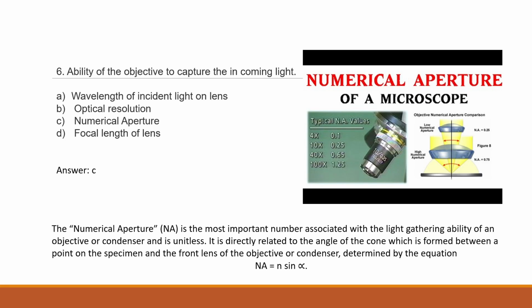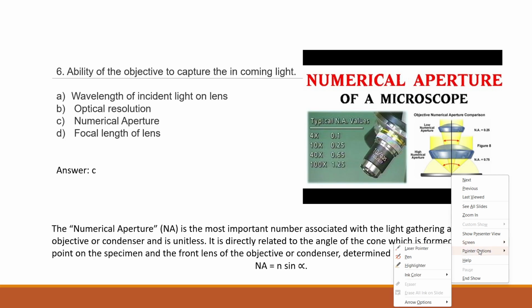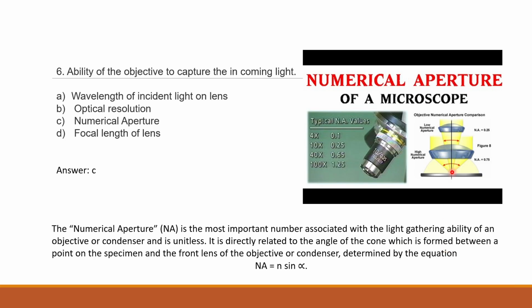So it is directly related to the angle of the cone. You see, this is your cone that is being formed. So the angle of the cone is formed from the point on the specimen. This is your point on the specimen, and this is your cone that is being formed from the point.